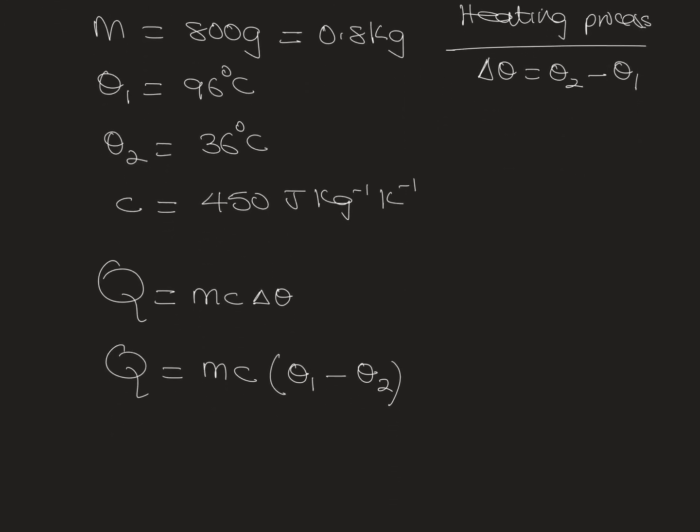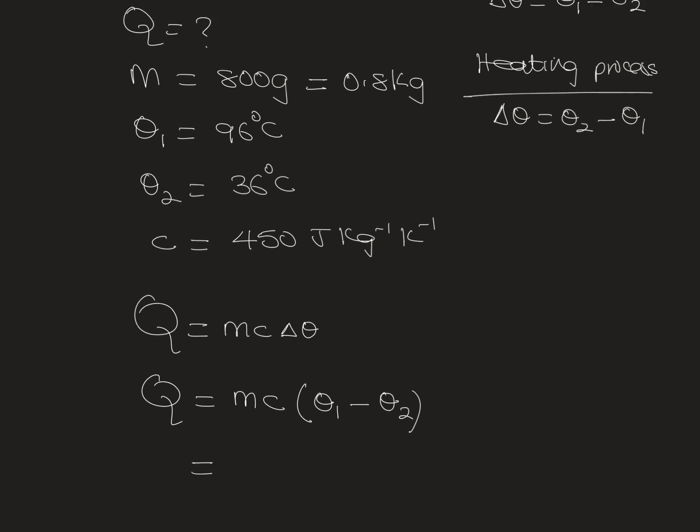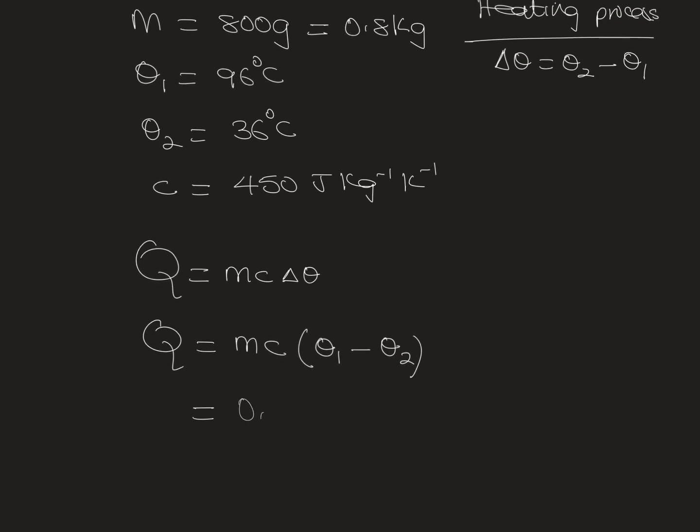So moving on, we say Q is equal to mc theta 1 minus theta 2. So that is going to be, the mass is 0.8 kilograms multiplied by the specific heat capacity, 450 joules per kilogram per Kelvin. Multiply it by the initial temperature, 96, minus the final temperature, 36.